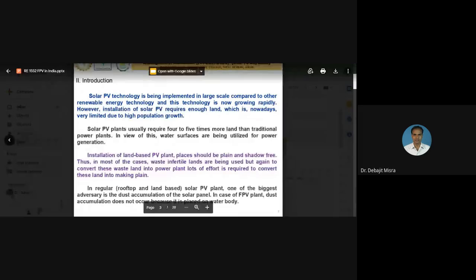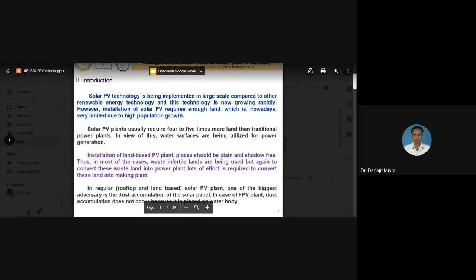So in view of this, the water surface is being utilized for PV plants. Again, installation of land-based PV plants requires places that should be plain and shadow-free. Wasteland or infertile land is mainly used to convert into power plants. A lot of effort is required to level these uneven surfaces.